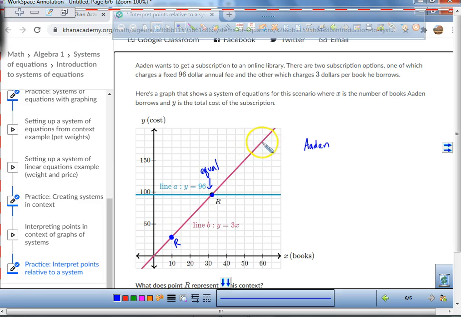But if he borrowed 60 books, if he used that plan, oh my gosh, you'd be all the way up here. That'd be 180. So if R was here, which plan should he choose? The blue one, right? Because that one doesn't change at all. All right? So this is where they are totally equal, and it doesn't matter which one he chooses.